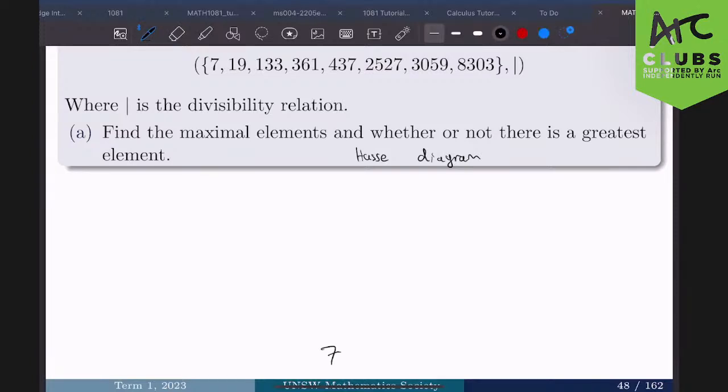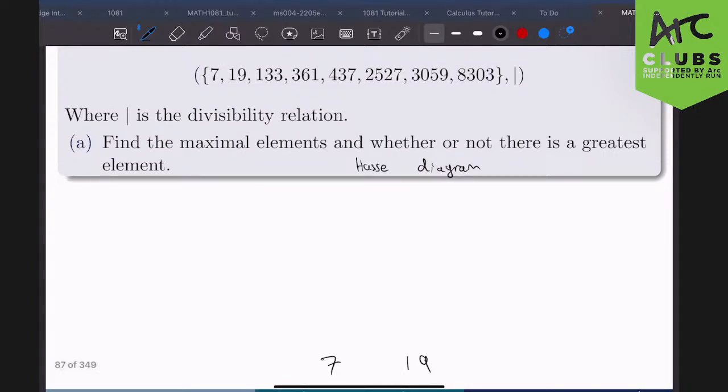7, 19. And it's a divisibility relation, so first off we'll be checking whether 133 is connected to 19 or connected to 7. Basically I start from the bottom and check whether this divides, and then check for each term lower, and eventually you'll get your whole diagram.